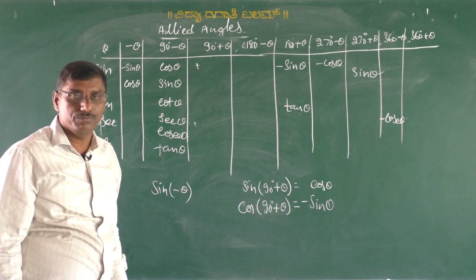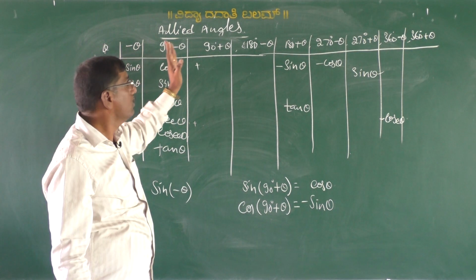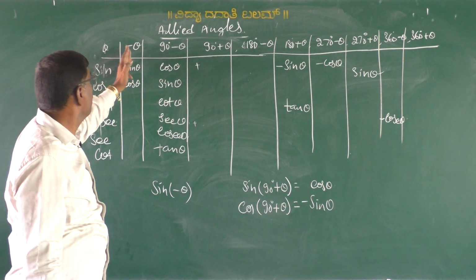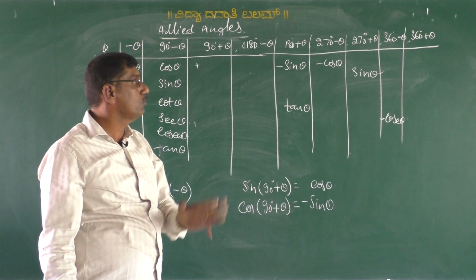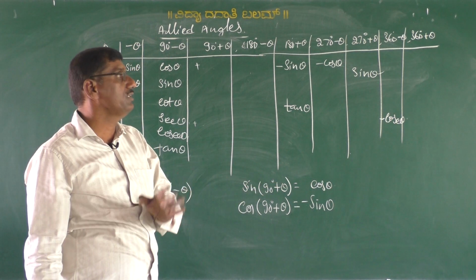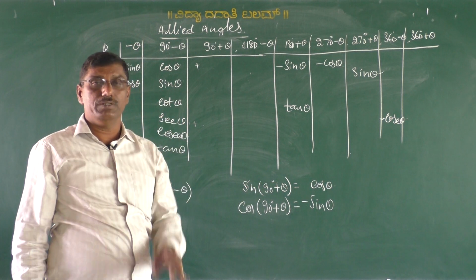Are you understood, all of you? These are for minus theta, 90 minus theta, 90 plus theta, 180 minus theta, 180 plus theta, 270 minus theta, 270 plus theta, 360 minus theta, 360 plus theta.